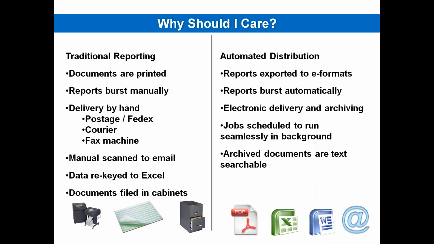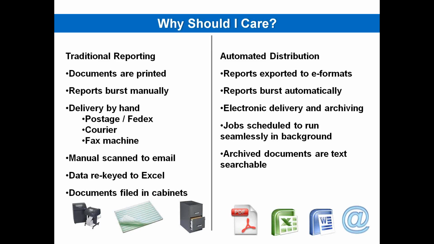Now, here's a quick comparison of traditional report management to automated distribution. There have been studies that state that document management can consume up to 17% of an organization's gross revenue when you take into consideration printing costs, storage costs, inventorying, filing, searching for lost files, etc. The labor costs associated with manual processing are staggering.